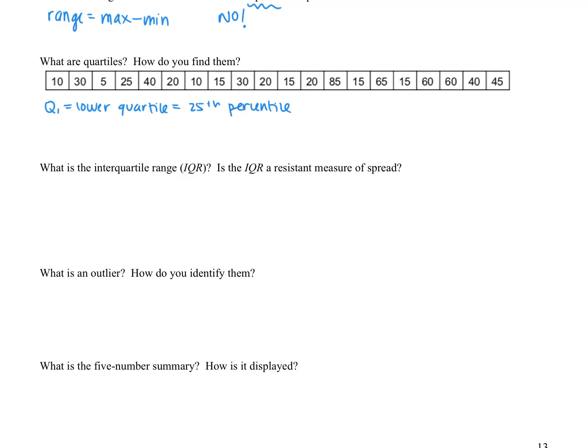In other words, it's the median of the first half of the data set. Q3 is the upper quartile. It is the 75th percentile.